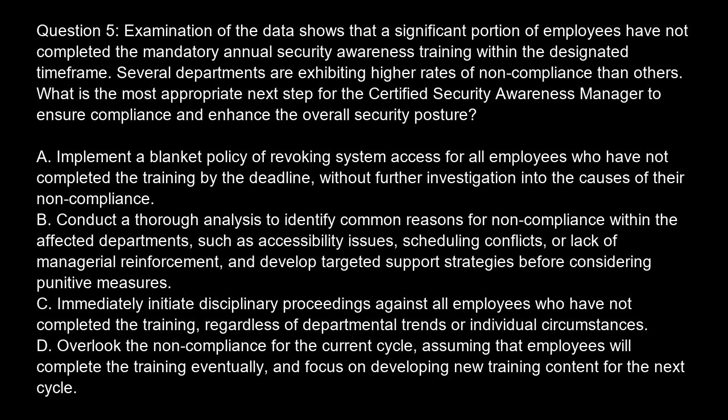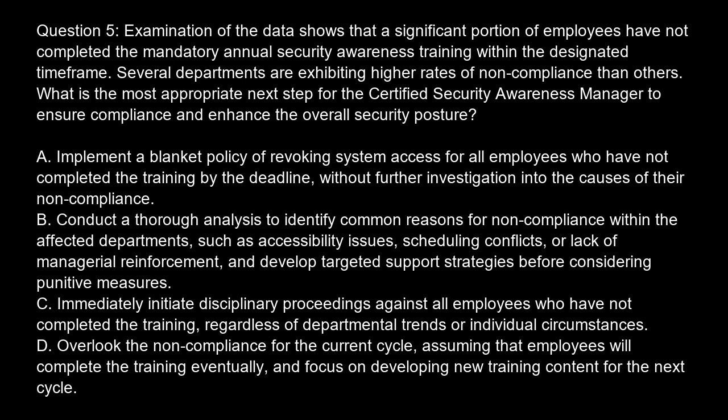Option A. Implement a blanket policy of revoking system access for all employees who have not completed the training by the deadline, without further investigation into the causes of their non-compliance. Option B. Conduct a thorough analysis to identify common reasons for non-compliance within the affected departments, such as accessibility issues, scheduling conflicts, or lack of managerial reinforcement, and develop targeted support strategies before considering punitive measures.